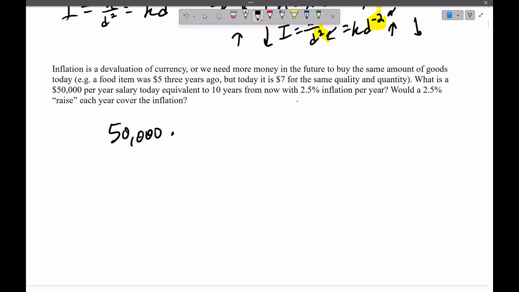That's the same thing as saying 100 plus 2.5% is 102.5. So we're going to take 100, well, this as a decimal is 1.025, and we're going to do that 10 times because we're talking about 10 years. Same thing as to the power of 10. Well, calculator can find that really quickly.